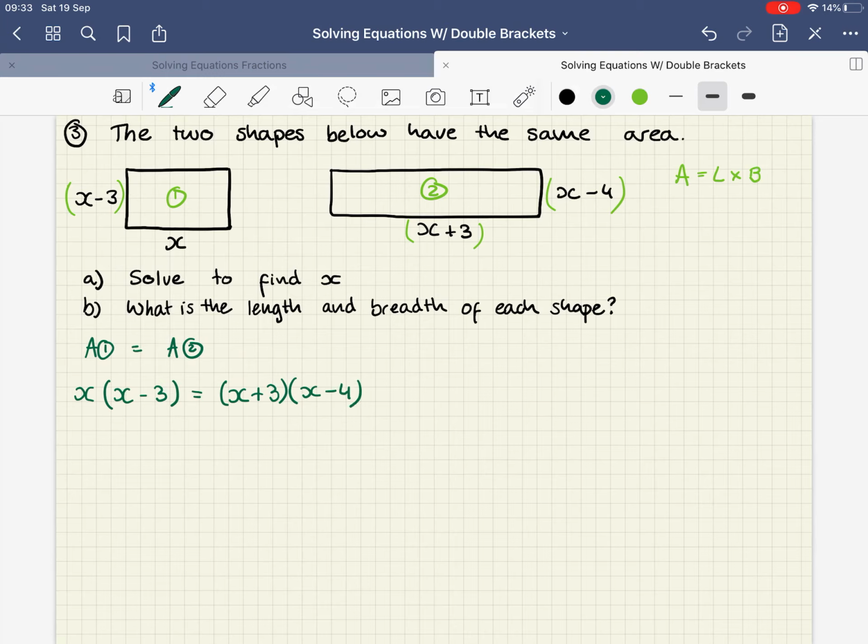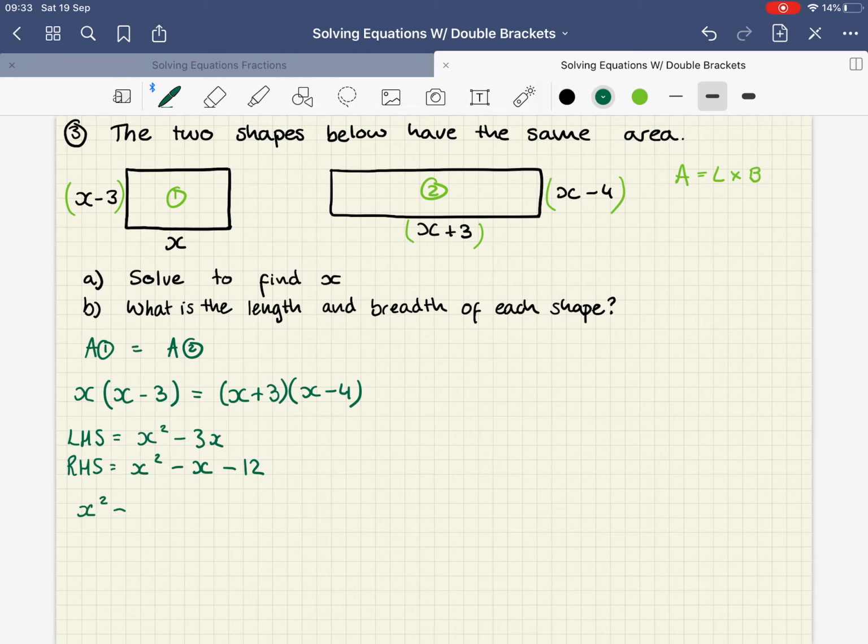So then I want to solve to find x. So I've got to expand these same as before. My left-hand side is going to be x squared minus 3x. And when I do all the steps on my right-hand side, multiplication, I get x squared minus x minus 12.